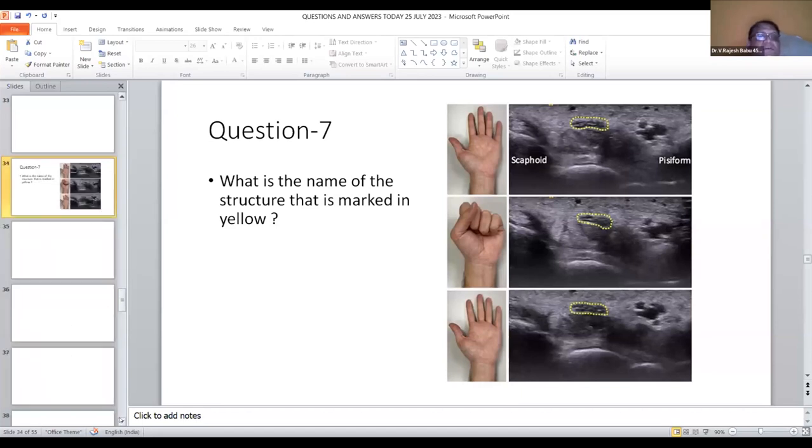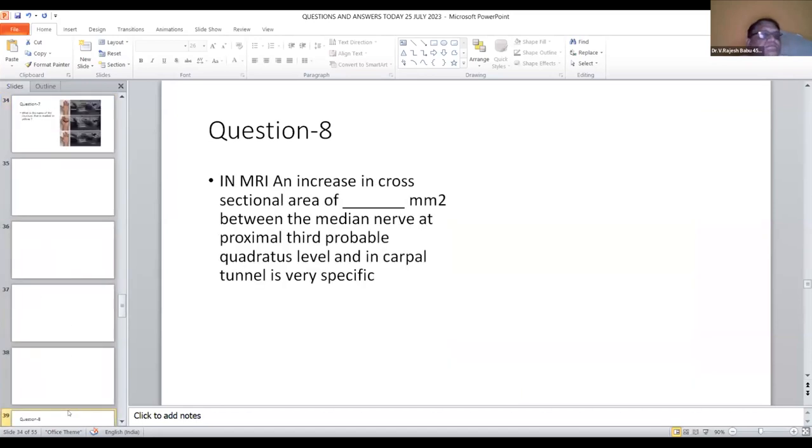Now the eighth question is, in MRI, an increase in the cross-sectional area of 4 millimeter square of the median nerve between the proximal third pronator quadratus level and the carpal tunnel is very specific. The winner is Jaya. Jaya is available there? Yes, sir. You are from?